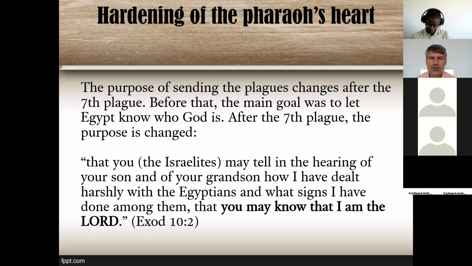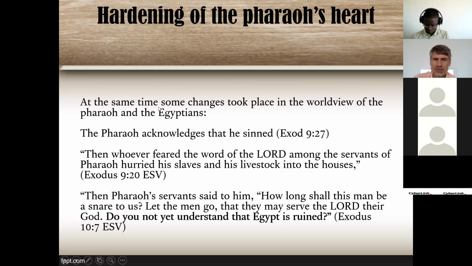So they do not trust God. So they do not understand who God is. So it looks like those 10 plagues were not enough for the people of Israel to understand who God is.